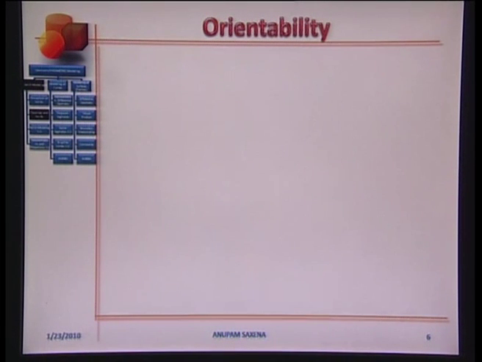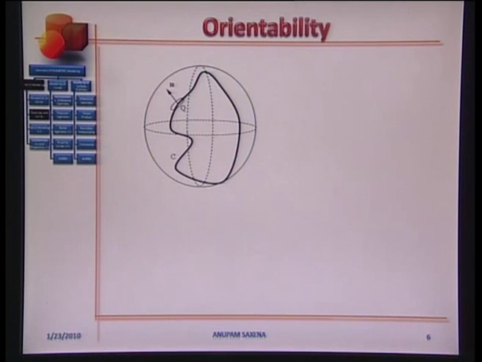The next property is orientability of a surface. Consider a sphere here. Imagine that you're standing at point Q with your head pointing upwards. This would represent the normal component at point Q. If you take a closed path and traverse along that path from point Q, and come back, you would find that you're still standing with your head pointing upwards.